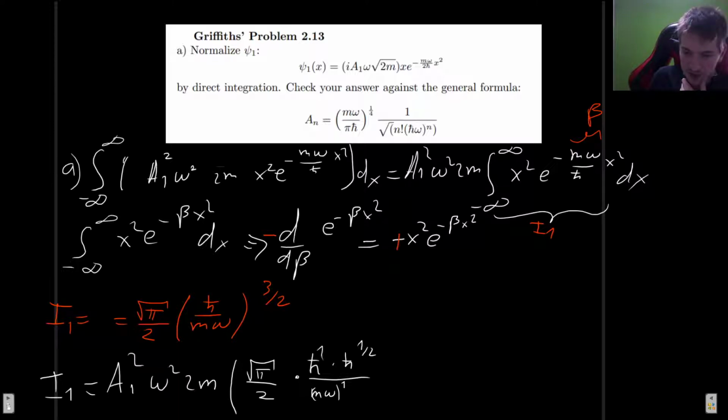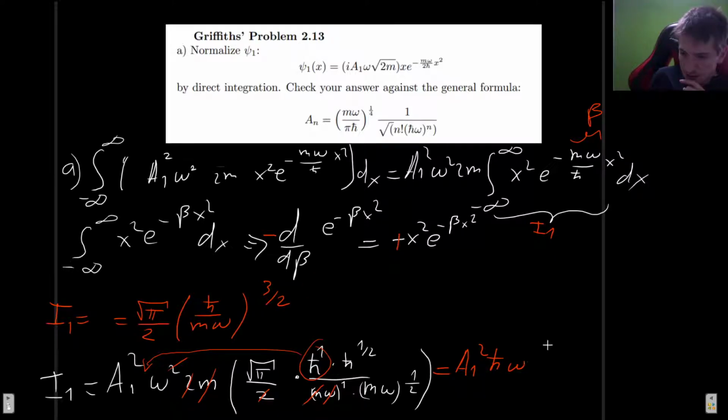This to the first power times m omega to the 1/2. Okay, so now the 2 will cancel out, the omega squared will cancel this omega here, this m will cancel out this m, and we can take this h bar out here. So what we get is A1 squared h bar omega.